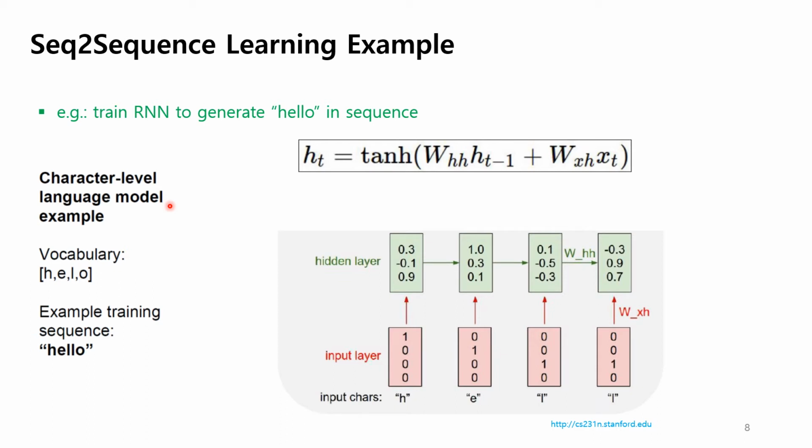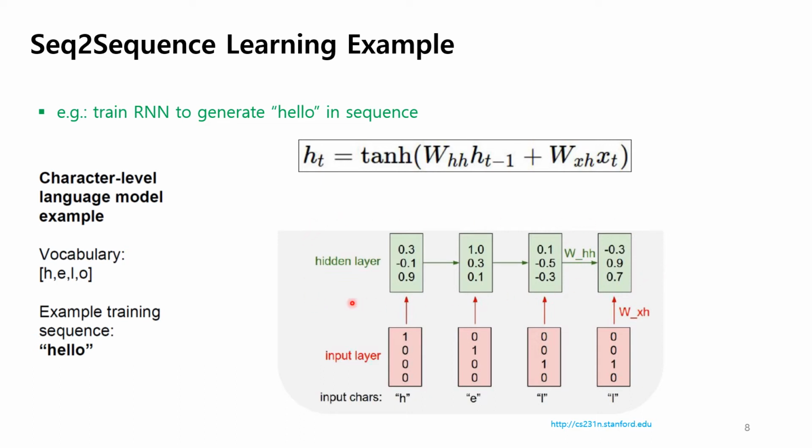Anyway, the vocabulary we have is only 4 letters, H, E, L, O, instead of 26. Again, the goal of this learning is to make this RNN generate the letters HELLO in this sequence.